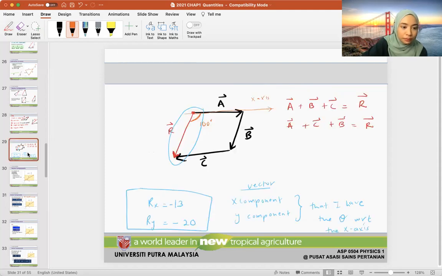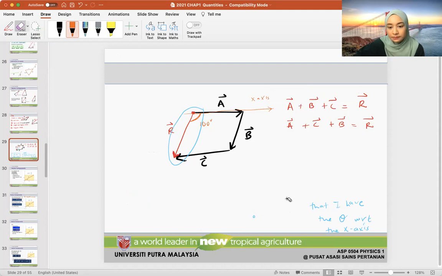So let's go back to our example here. I told you that if I want to find the x component, I have to multiply the magnitude of R by the cosine of its angle.